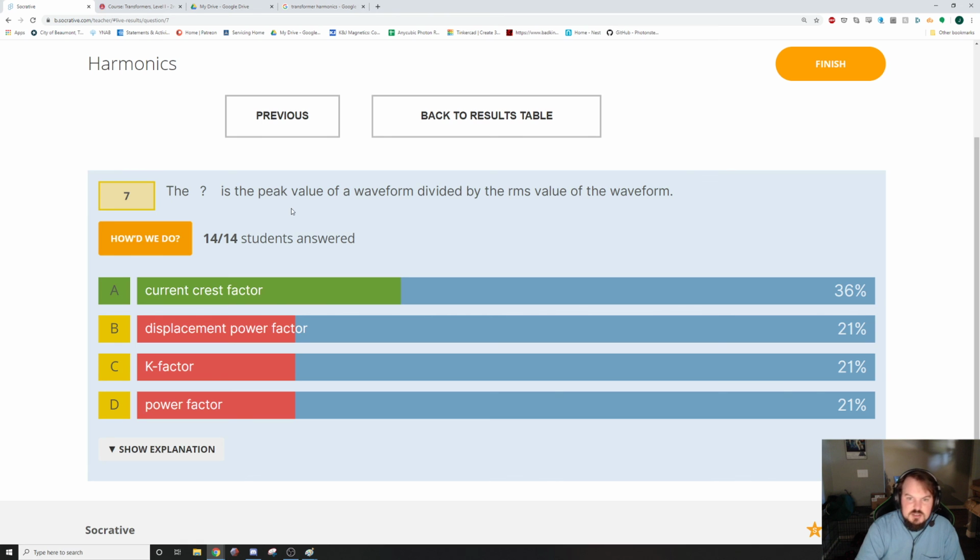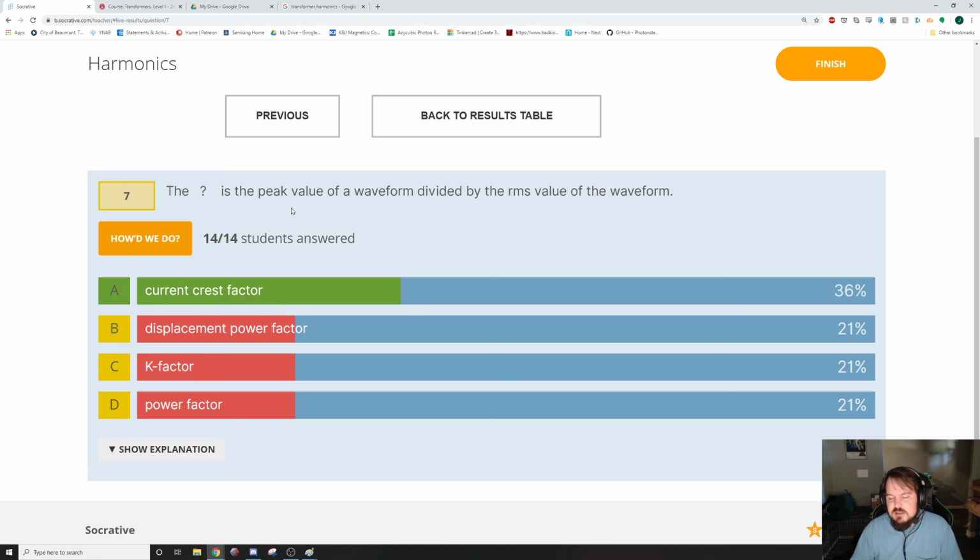It is whenever we were doing AC systems, I think was the lesson at the very beginning of AC theory. We multiplied or divided the peak voltage by 0.707 to get the RMS voltage. I think it's times 0.707.